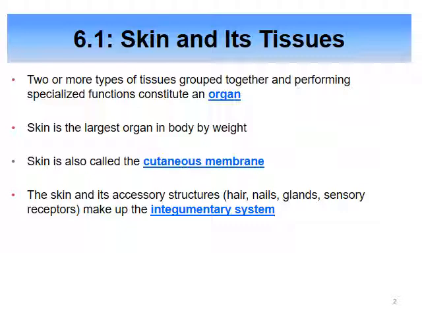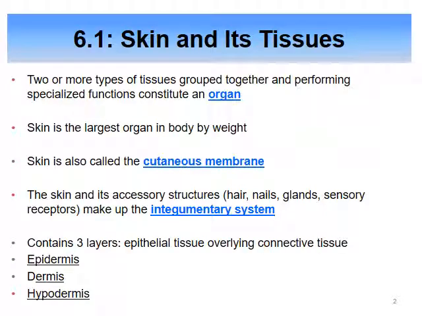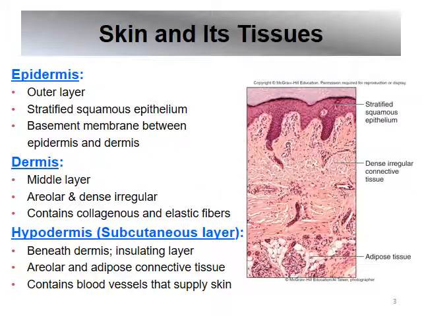And so we're going to see that the integumentary system is made up of skin, hair, nails, glands, and sensory receptors. The skin has three main layers: epidermis, dermis, and hypodermis. And so here, in the epidermis, what I want you to know here, let me open this up. The epidermis is made up of stratified squamous epithelium.